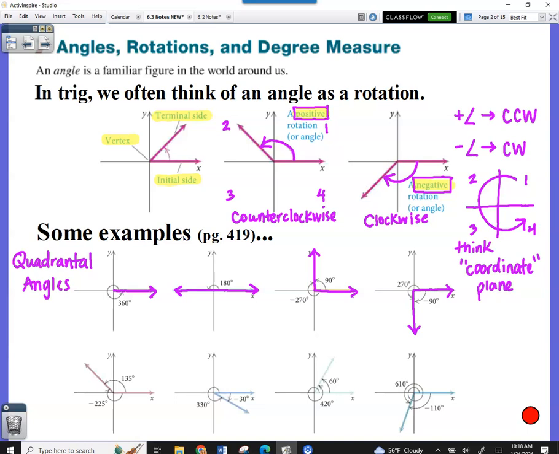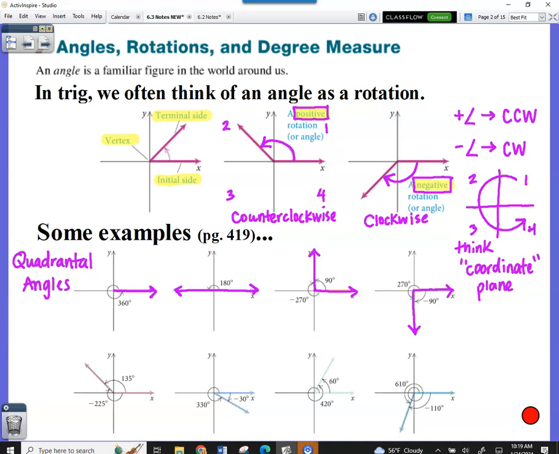Now we've got two angles here to start to practice recognizing the positive rotation or the negative rotation. A positive 90 would be starting and then opening up to 90, or I could have started and rotated to 270 and I land in the same spot. You with me?